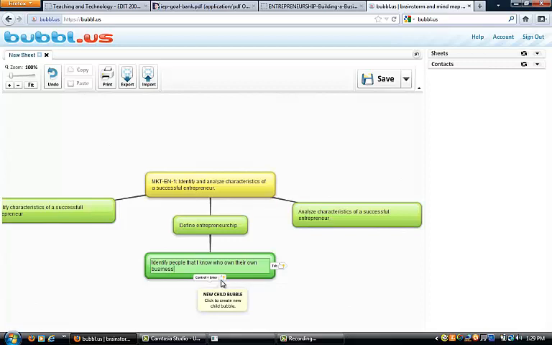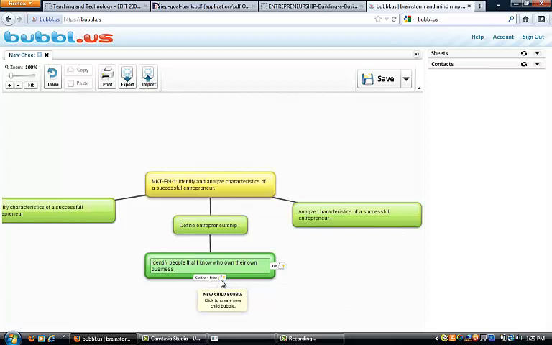Now I can go in and look at all of these pieces and say identify characteristics of a successful entrepreneur. Well, if I know people that are successful business owners, then I can look at them for those characteristics. It says analyze characteristics. If I know these people, then I can analyze their characteristics. What makes them different from others?